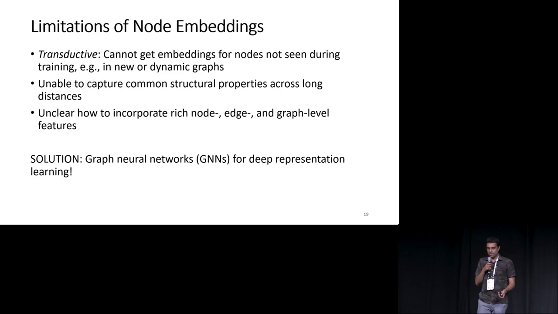And it's also unclear how you incorporate features, because nowadays you typically have a lot richer data given with your particular task. The solution that has emerged in the last few years is the so-called graph neural network, which is a means of deep representation learning for graph data.